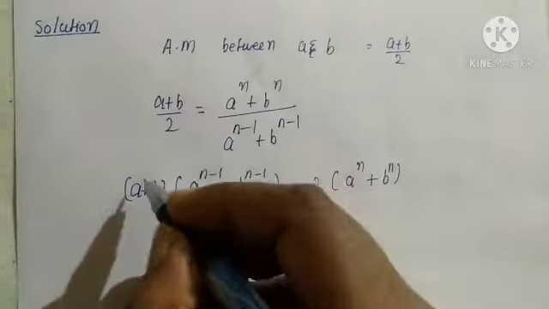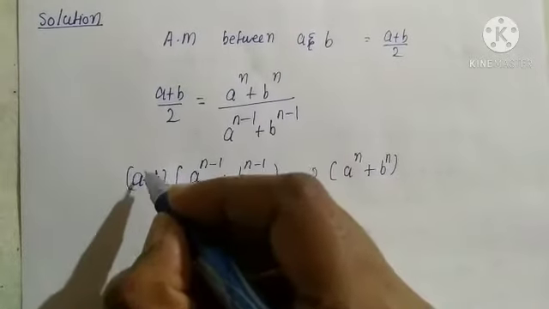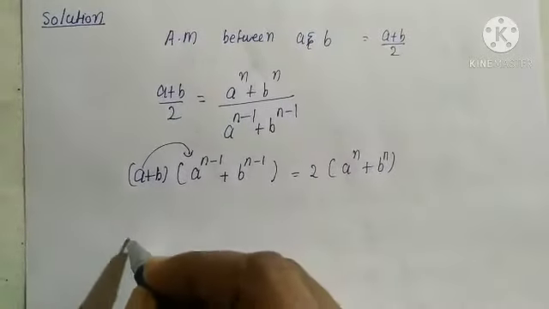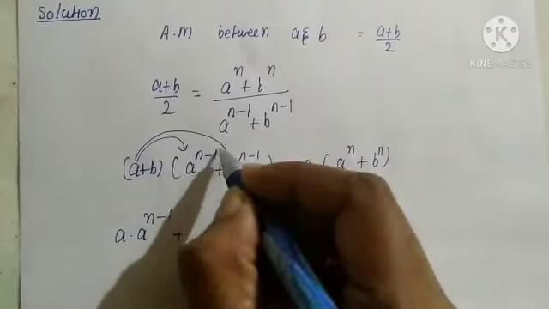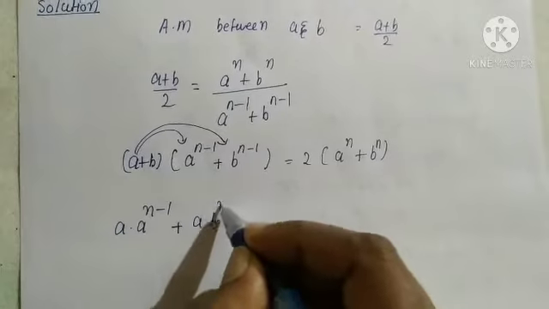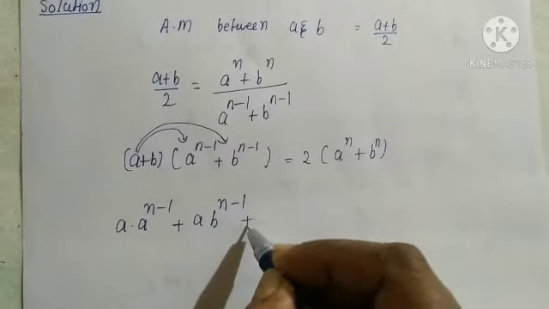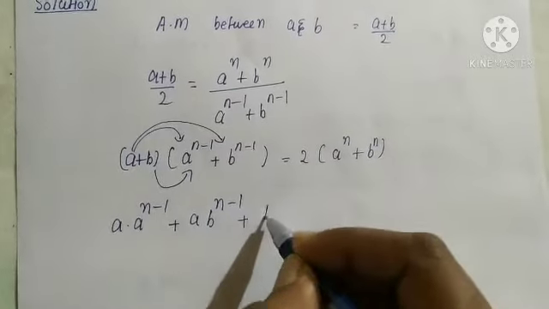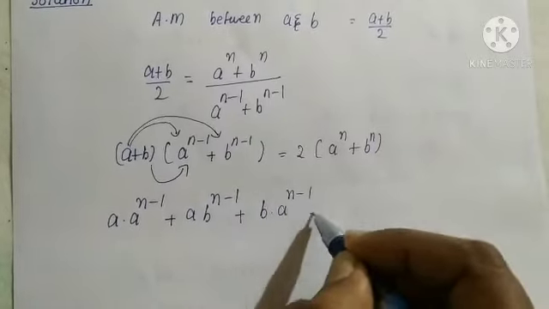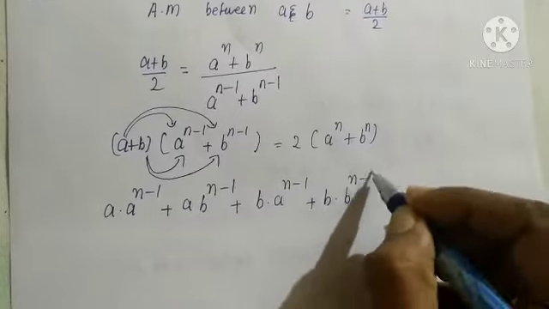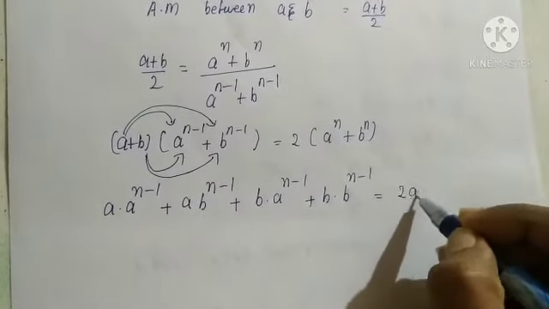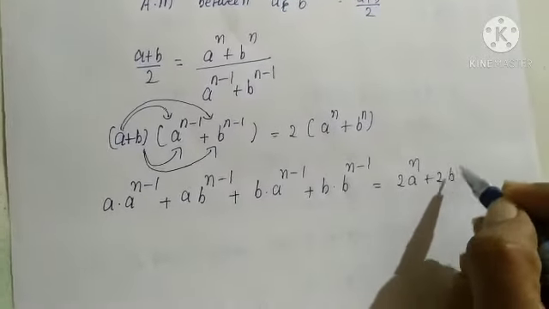So next I am going to multiply, open this bracket, so it will become a into a raised to n minus 1 plus a into b raised to n minus 1 plus b into a raised to n minus 1 plus b into b raised to n minus 1, that is equal to 2 into a raised to n plus 2 into b raised to n.